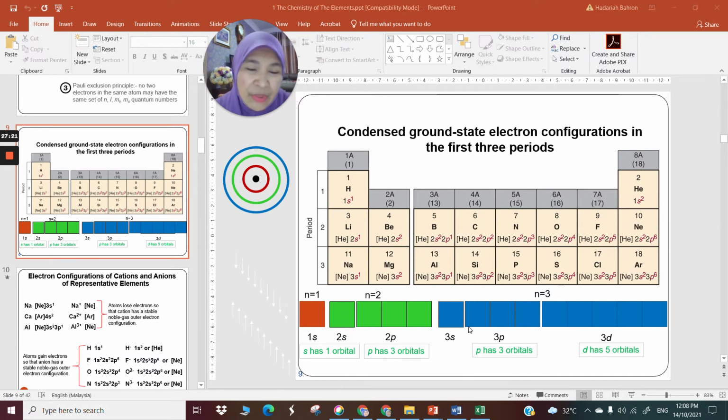And then shell number 3 has the 3s, 3p, and 3d orbitals. And these are the orbitals arranged in increasing energy. So 1s is the lowest energy level, whereas 3d will be, at this present moment, the highest energy level.